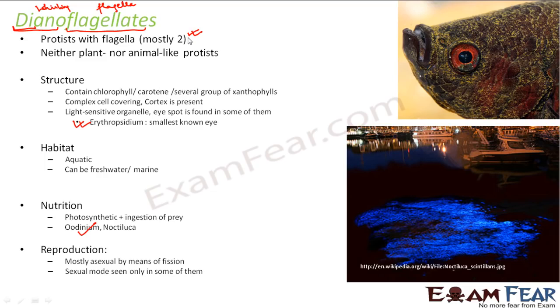So this transverse and longitudinal flagellum together results in the forward movement as well as the turning movement of the Dinoflagellates. Because of the presence of these two flagella, they can move forward as well as they can take turns.